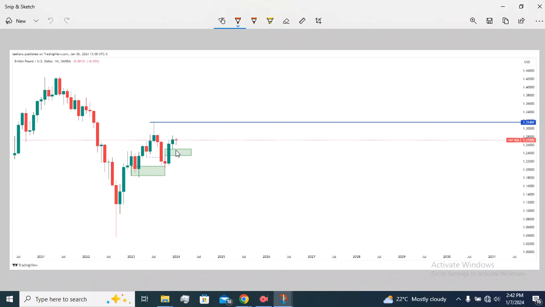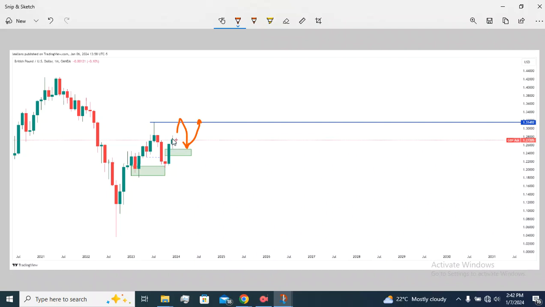Now the question we should ask ourselves: will the market take this high first before we come to fill this monthly FVG, or will this FVG be filled first before the market rallies up to take these higher highs? We are kind of in a dilemma, but we can see the way this candle closed.